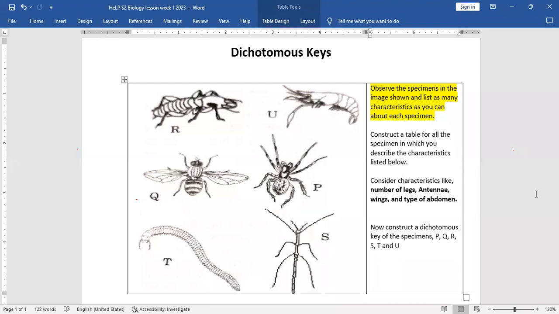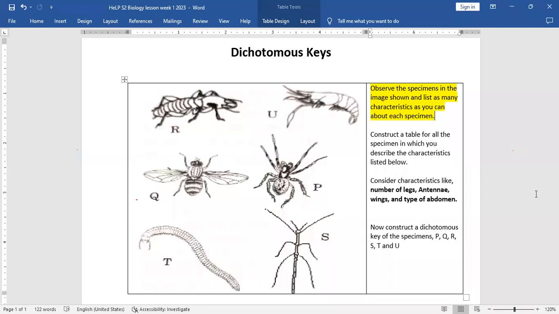We are going to observe the specimens in the image and list as many characteristics as we can about each specimen. So for each specimen, we are going to write about 4 characteristics. That is the first activity that we are going to do.